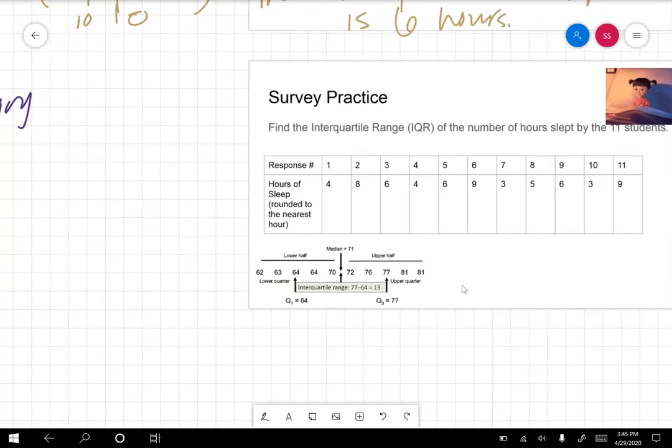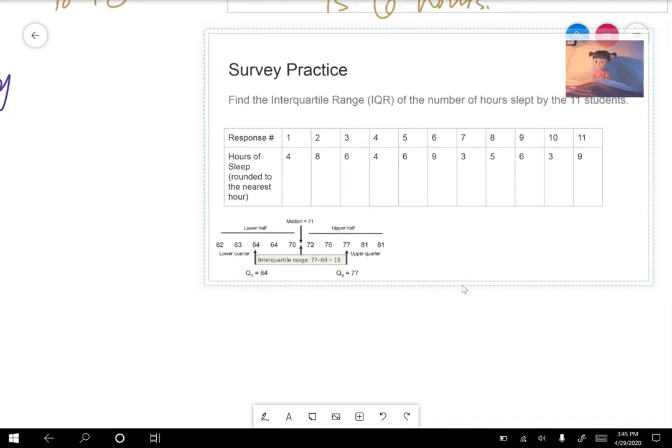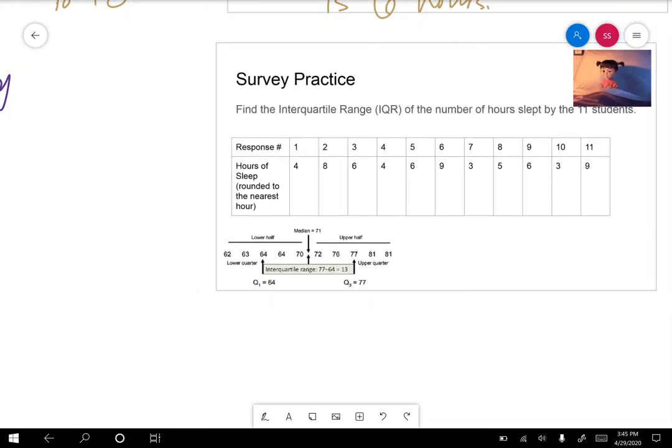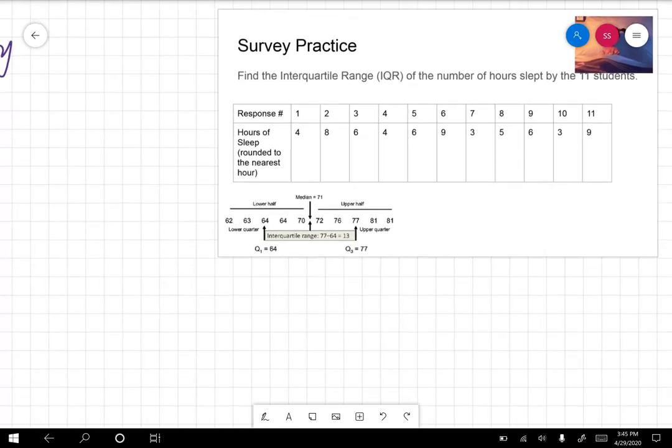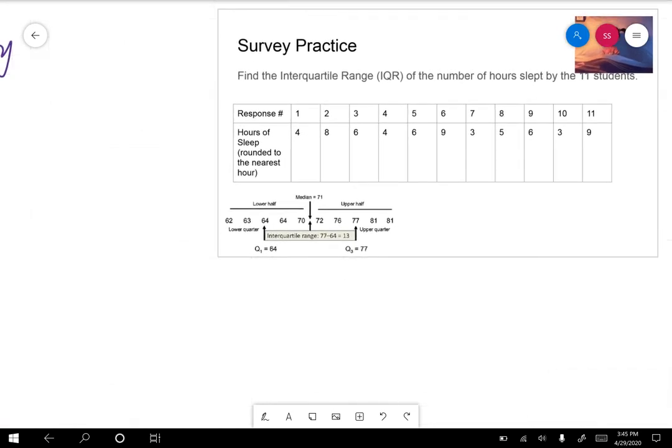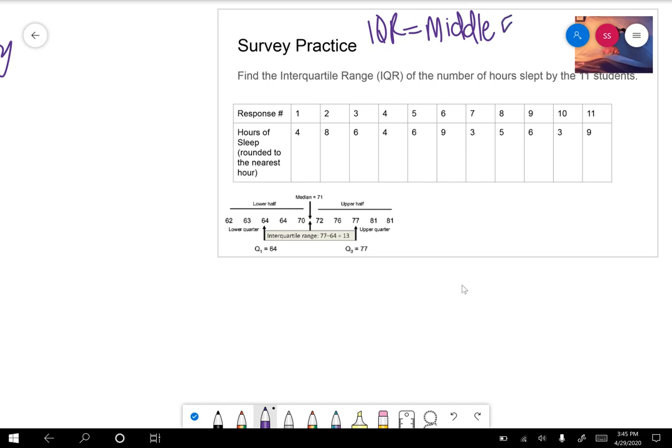Last but not least, certainly not least, is the interquartile range. So this is a type of range. Now it's not the range between the minimum and the maximum. IQR is actually the range of the middle 50% of data.